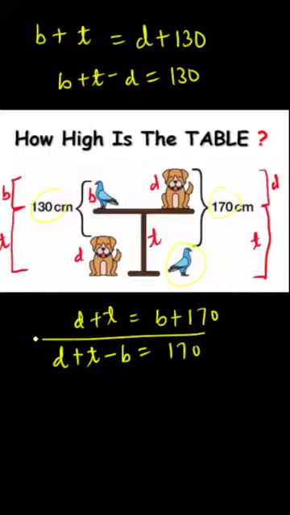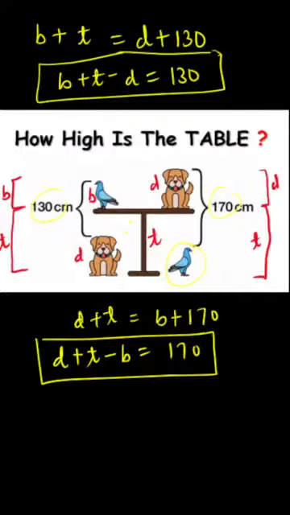What I can do now is add these two equations. Look at this carefully. This B and this B, one is positive and one is negative, so they get cancelled out. For D also, this D is negative and this D is positive, so they are also going to cancel out.